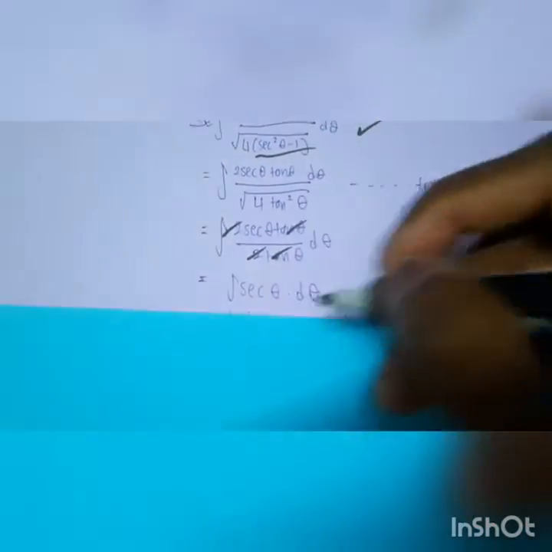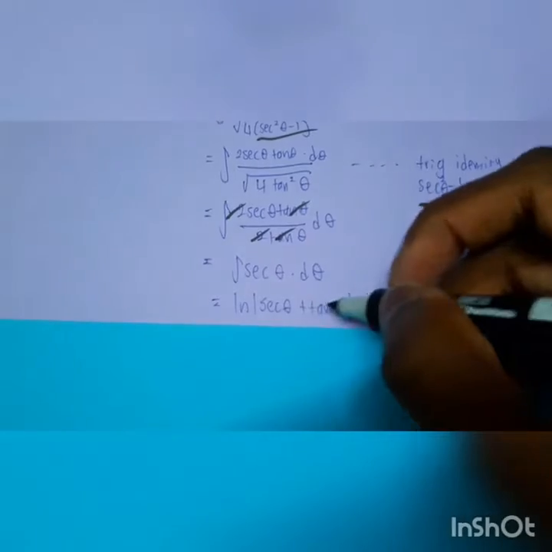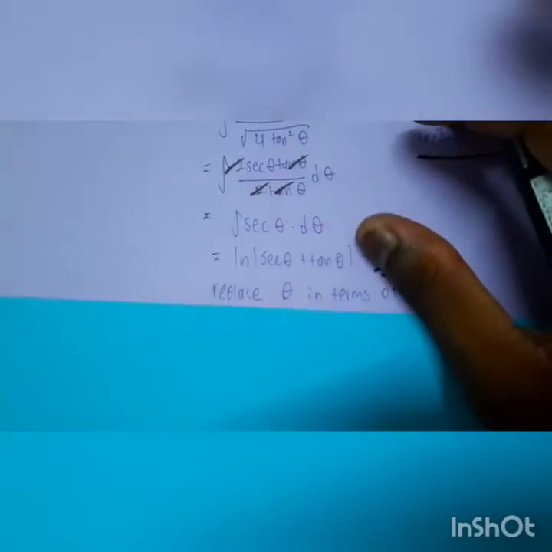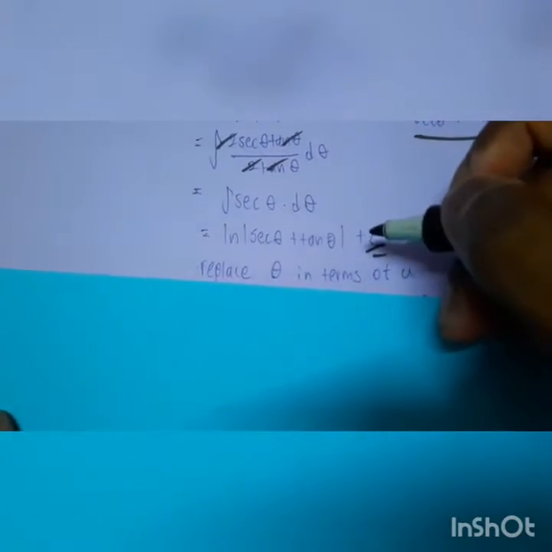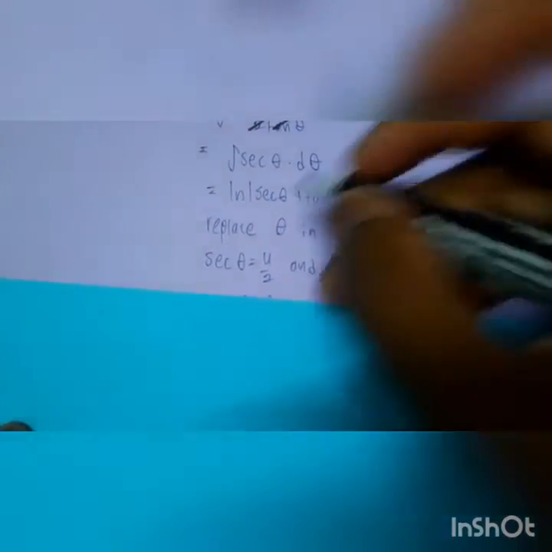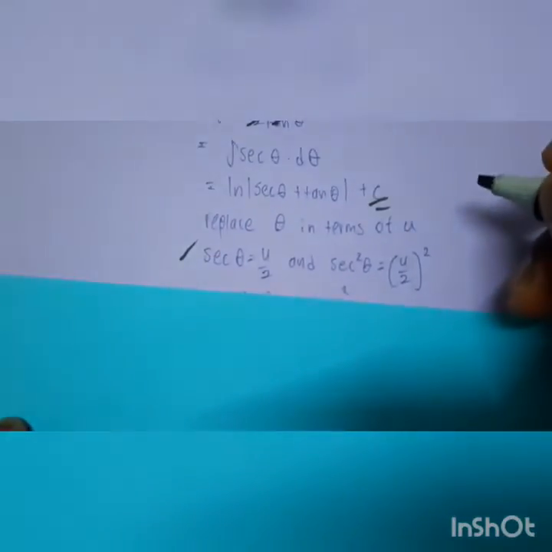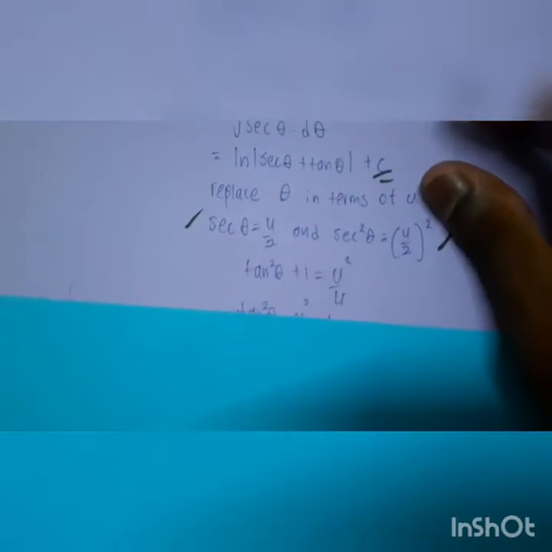And with simple integration of the trigonometric function sec theta, we would get ln of sec theta plus tan theta, plus c. Do remember the plus c. Okay, in order for us to solve this, we're going to replace theta in terms of u. So we're going to let sec theta equal u over 2, and sec squared theta is (u over 2) squared.